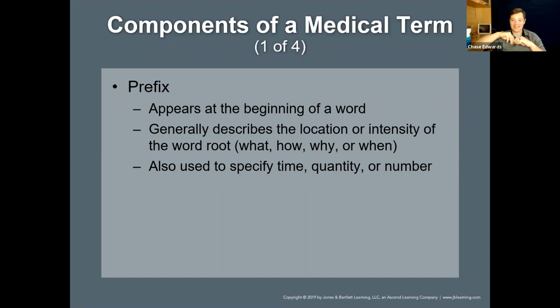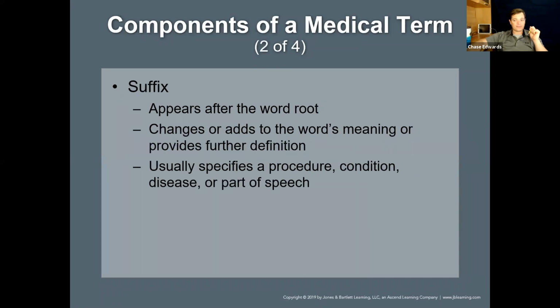A geriatric patient would be 80 to 89. I know that was confusing because I put the word geriatric in there. My apologies.